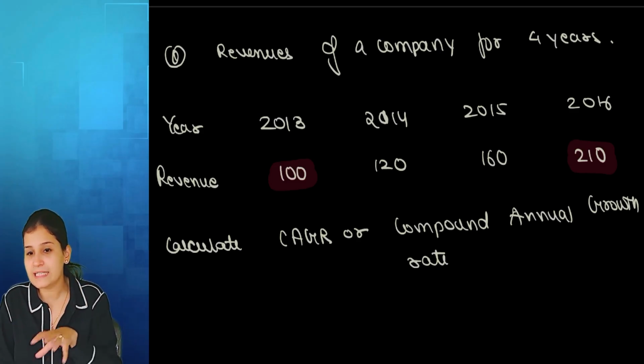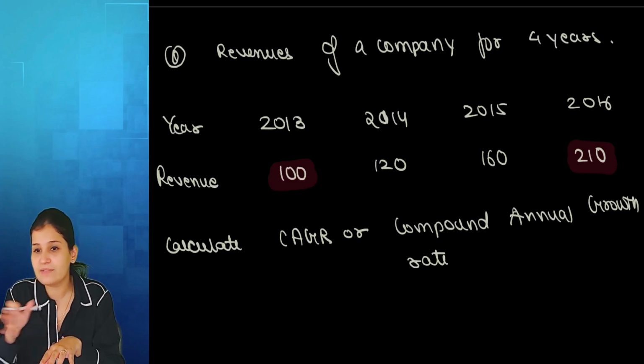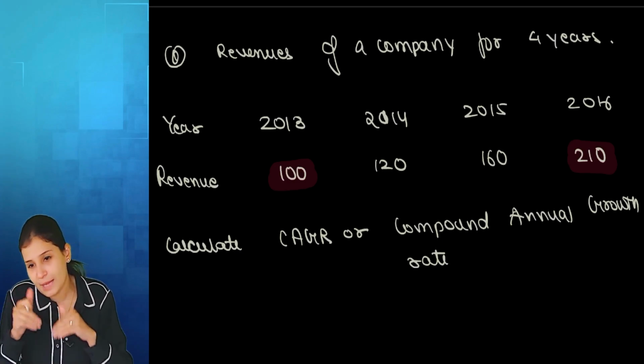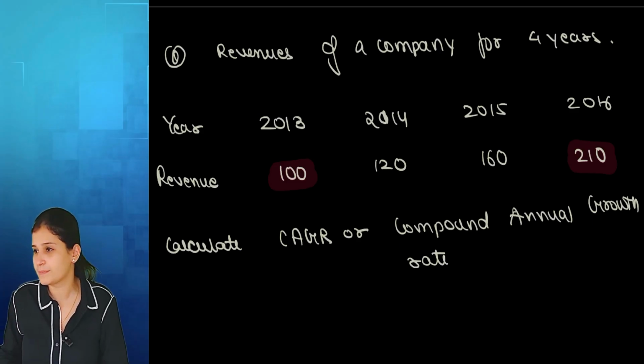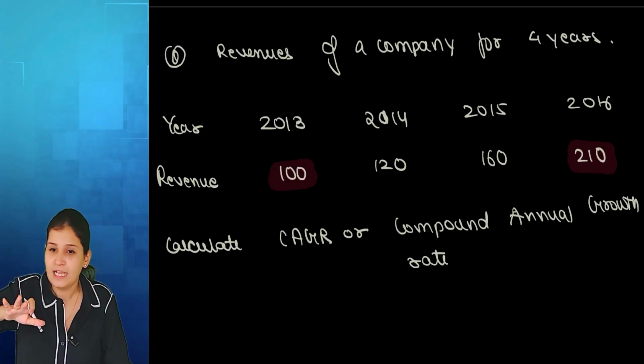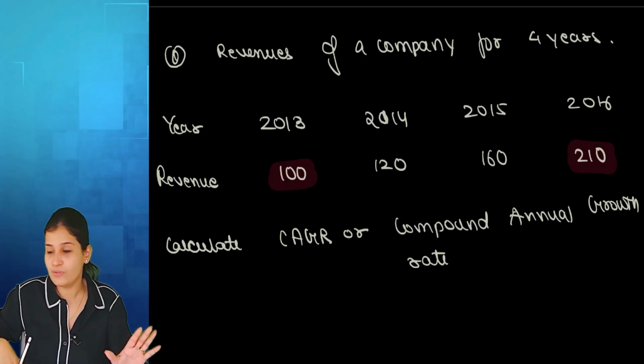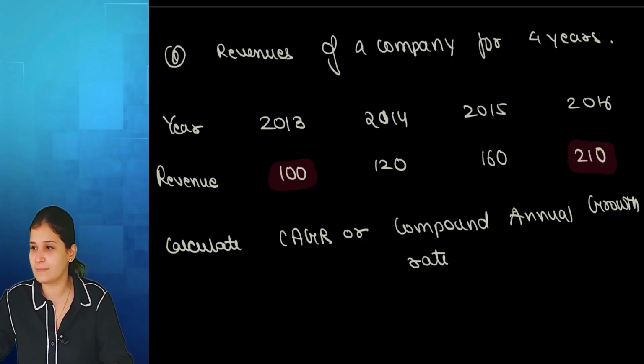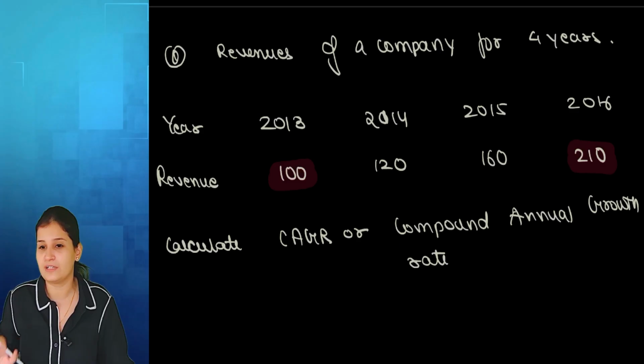When we are finding CAGR, the intermediate values don't matter. Even if it had been decreasing, it wouldn't have mattered. From 100 it became 80, then 120, and then suddenly 210. I don't care. I only want my initial value, the present value, and my final value, the future value. I just want to find out the rate.